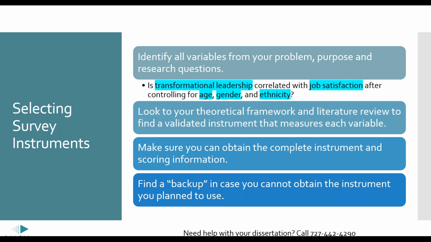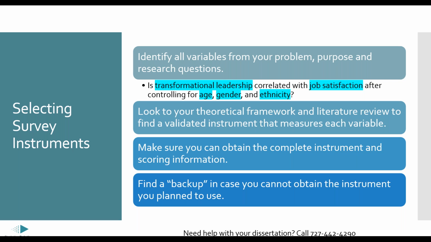The best place to find these instruments that have already been established is in the literature. You can look to your literature review and see, for articles that discuss each variable, what survey instruments have been used by past researchers to measure those variables.